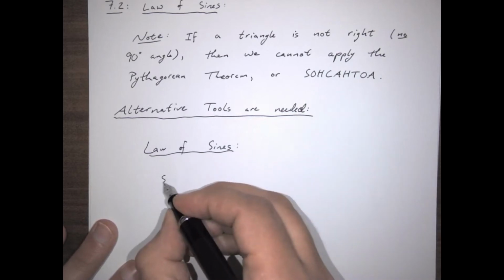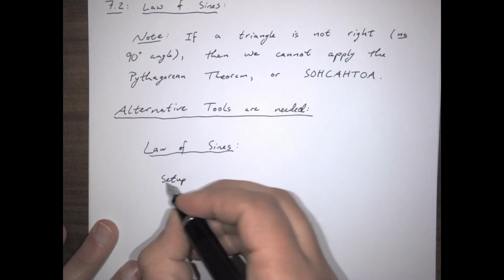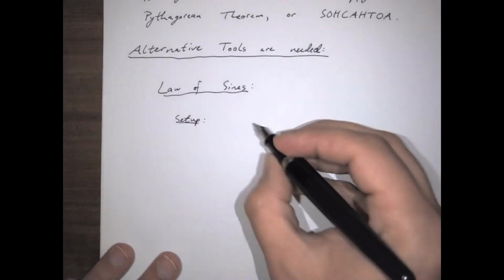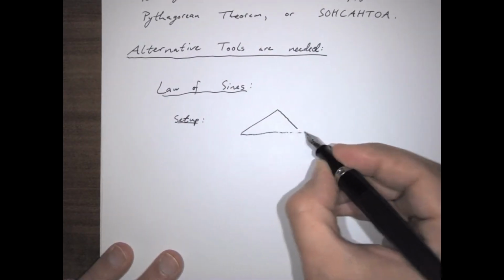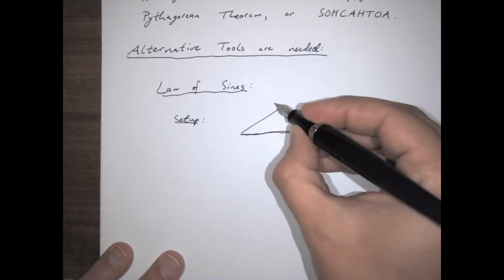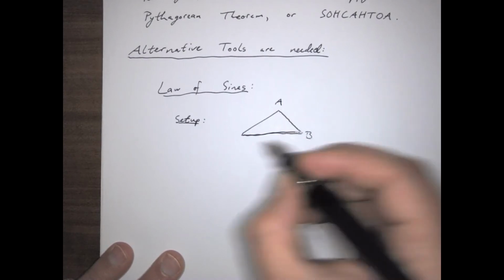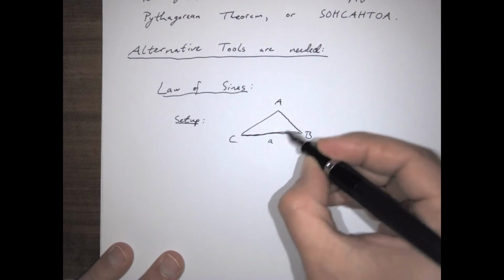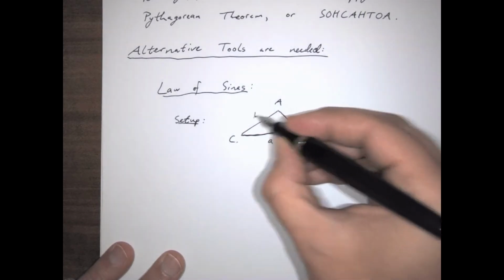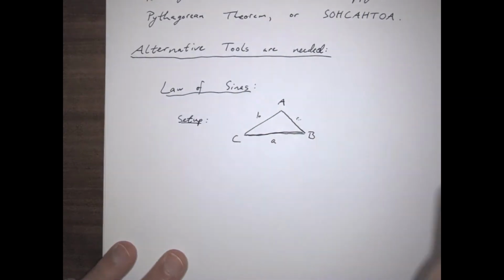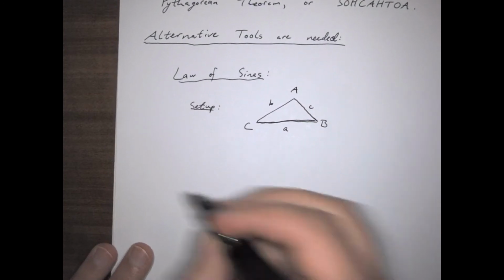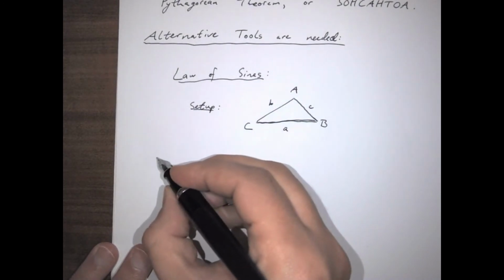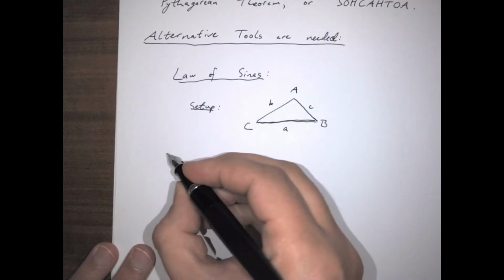All right, so here's the setup. What we've got is just a general triangle. A, B, C, little a, little b, little c. So not a right triangle. Then what we can apply are some known facts.